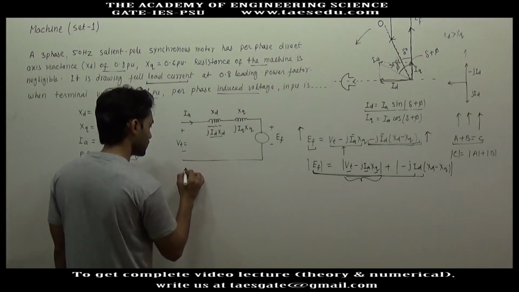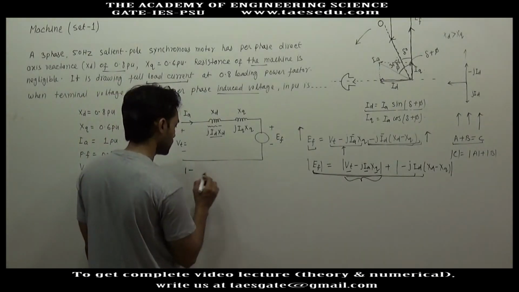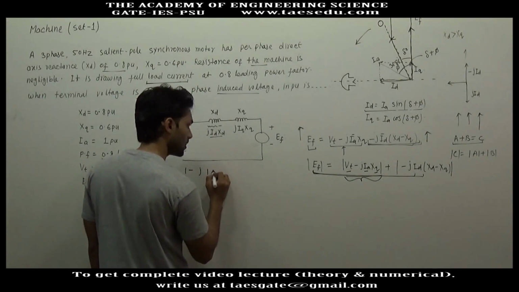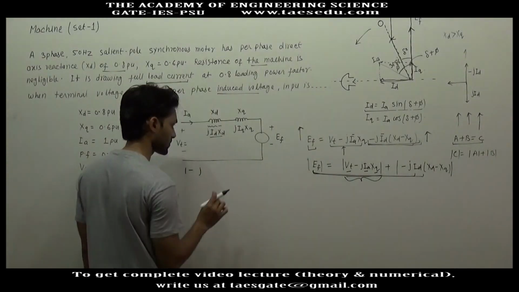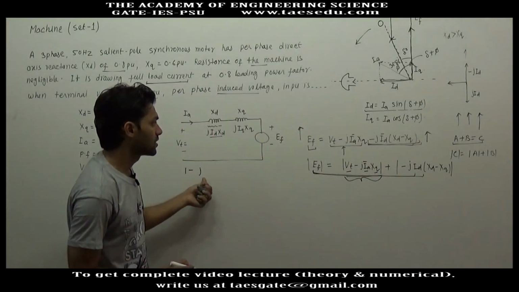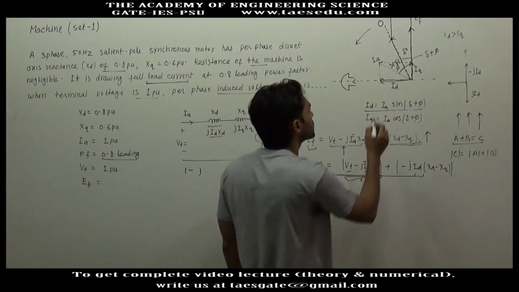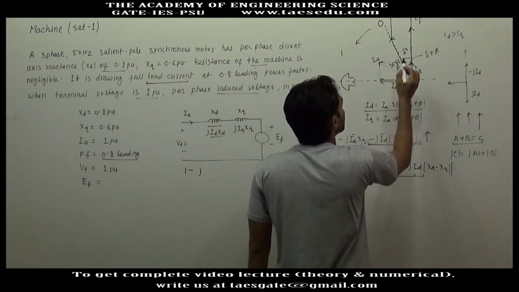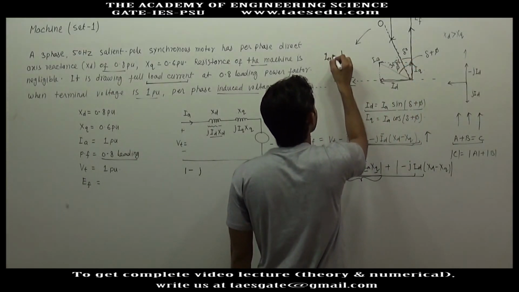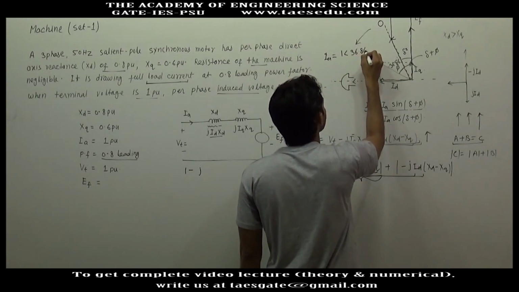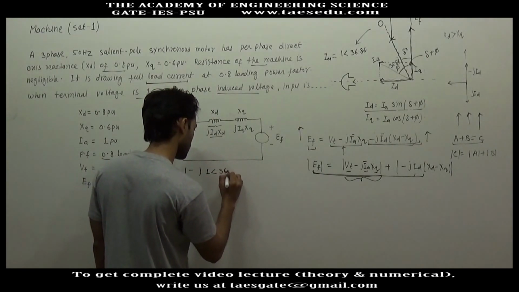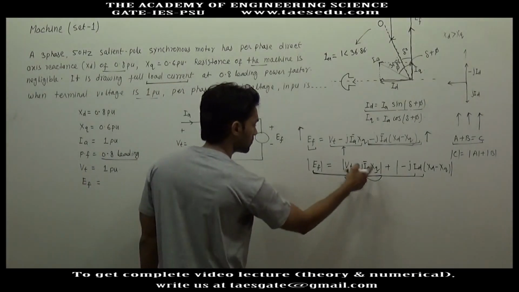Okay, so Vt is 1 pu minus j. The magnitude of Ia is 1 pu, and Xq is, here we have vector Ia. So Vt is 1 minus j, and what is vector Ia? The magnitude of Ia is 1, and if Vt is reference, Ia is in anti-clockwise direction, so Ia will be 1 angle 36.86, into Xq.